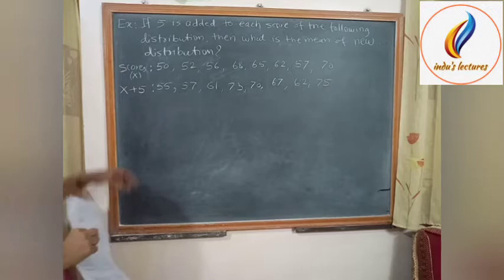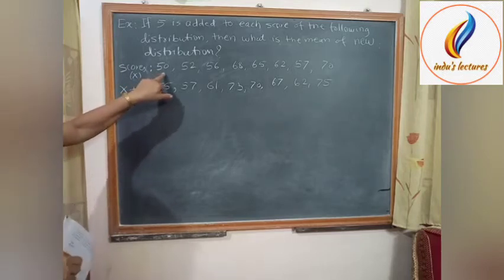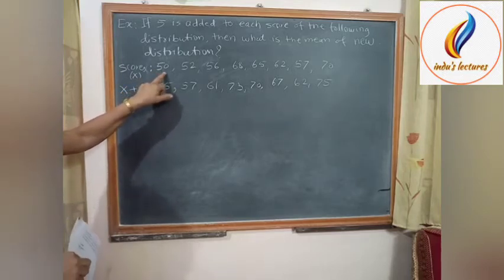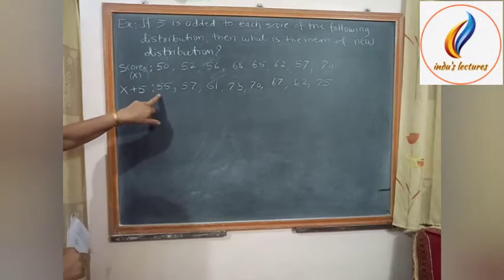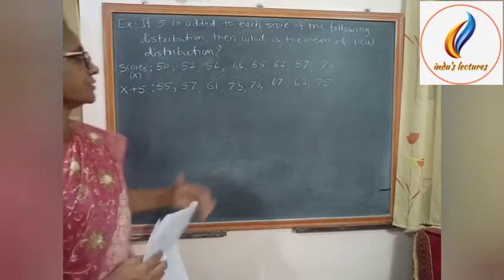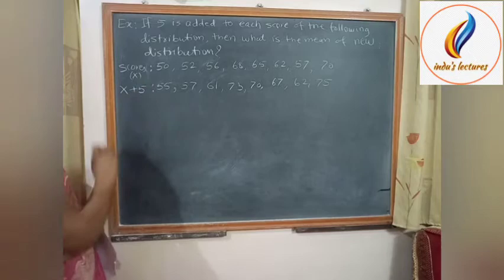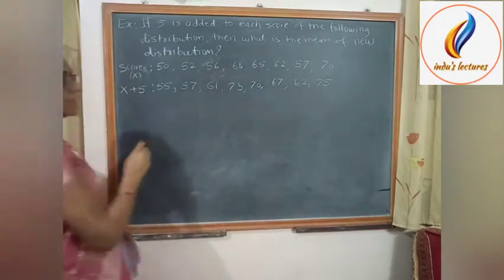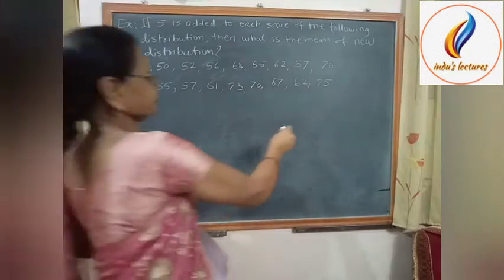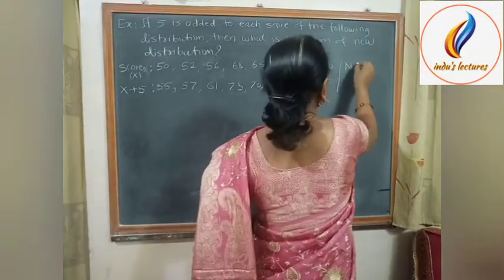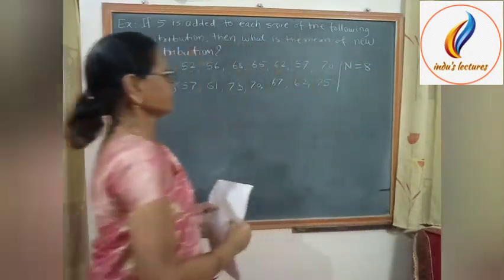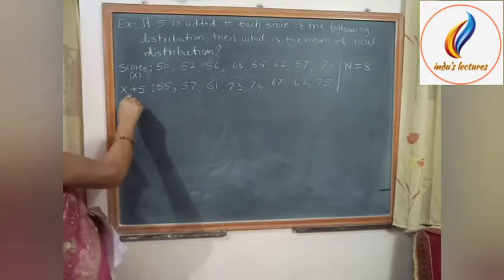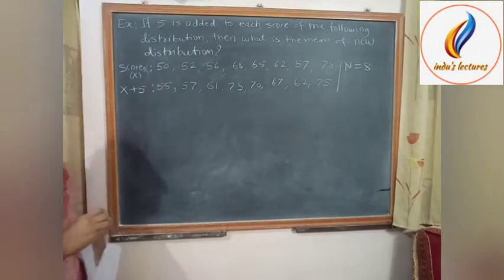Now firstly we find the mean of the given distribution, and then we will find the mean of the new distribution. The total number of scores in the first given distribution is 8. The total number of scores for the new distribution is also 8.